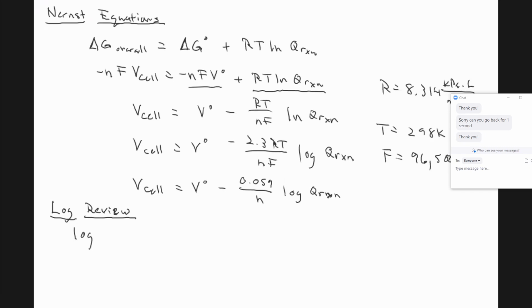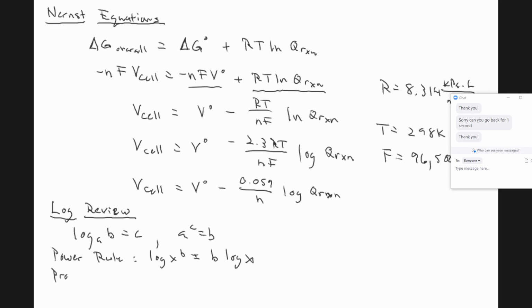Log base A of B is equal to C. That's basically A to the C is equal to B, going back and forth between logarithmic and exponential form. First rule we need to know is the power rule. It simply states that for log of x raised to a power, you can bring that power down and multiply it to that log.